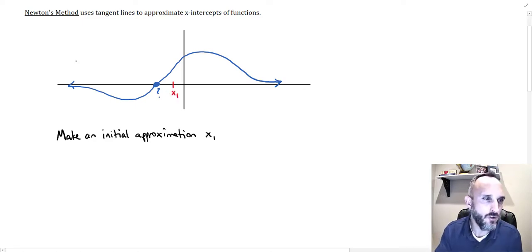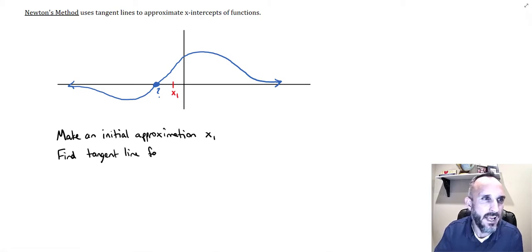So once you've got your initial approximation, you need to find the tangent line at x sub 1.